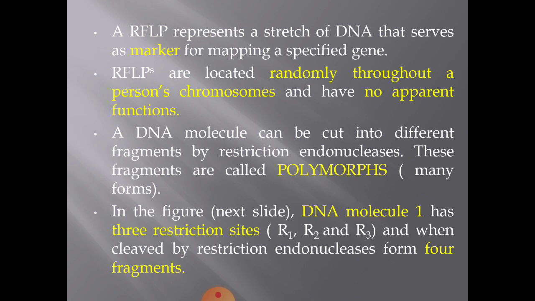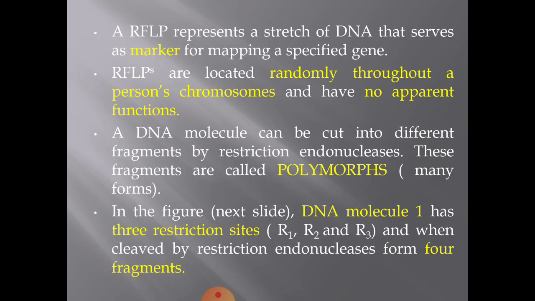Okay. So they are restricted fragments, and their length varies from one fragment to another depending upon the place of the presence of the target site. Therefore, you get many forms, polymorphism. So that's what I exactly meant by restriction fragment length polymorphism.